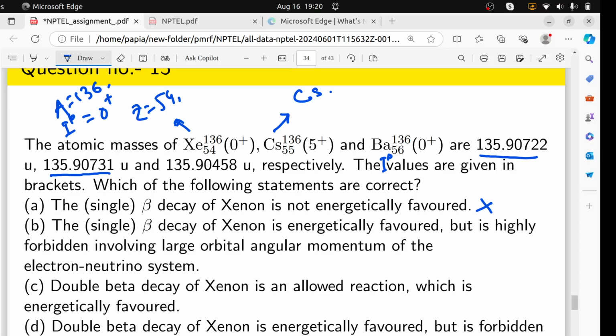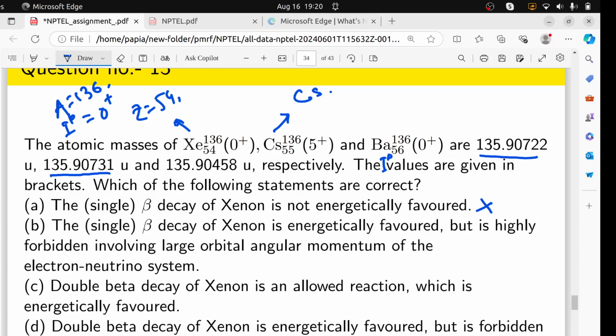Is it fine? The first option, yes? Please tell yes or whatever. The first option is understandable.